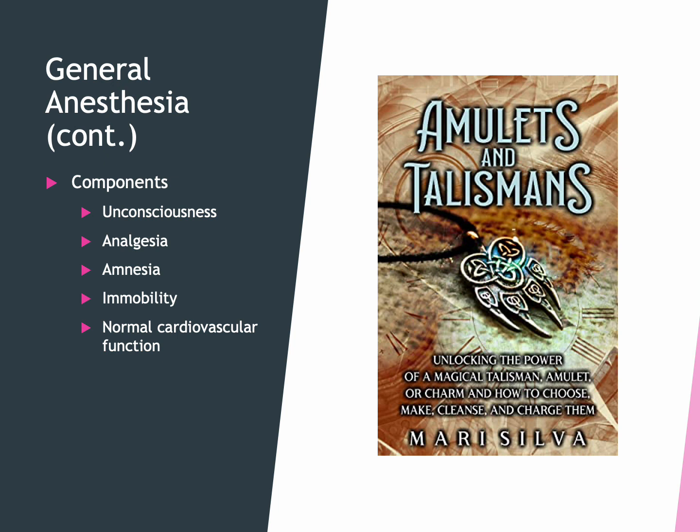Another goal is to ensure that the patient retains no memory of the event. We refer to this as amnestic. Also, the patient should remain immobile. And lastly, it's important that the patient maintains a normal cardiovascular function.